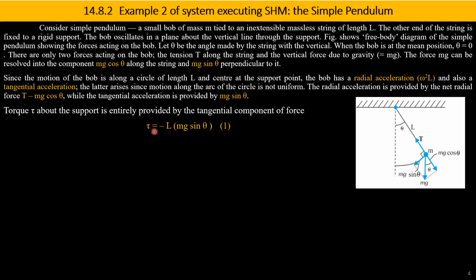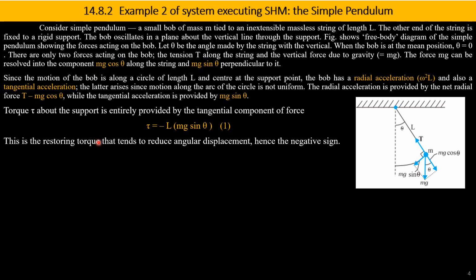Therefore, tau is equal to minus L into mg sin theta. This is the restoring torque that tends to reduce the angular displacement, hence the negative sign in equation 1.